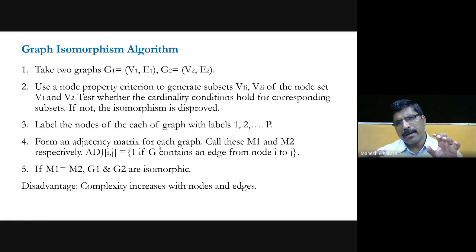You have to find the adjacency matrix for graph 1 as well as graph 2. If the labeling is correct, then the adjacency matrices M1 and M2 will be the same, and we can say that these two graphs are isomorphic, or identical, or the same.